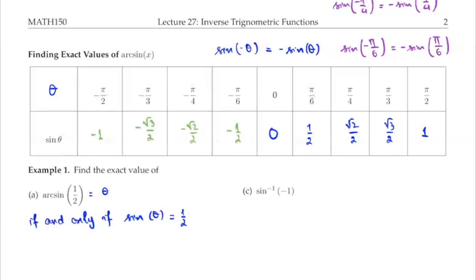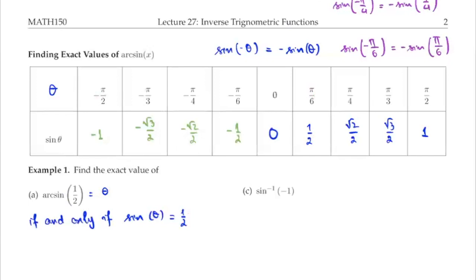Okay, and remember for the angle, the domain of the inverse of the function is restricted between negative pi over 2 and pi over 2.